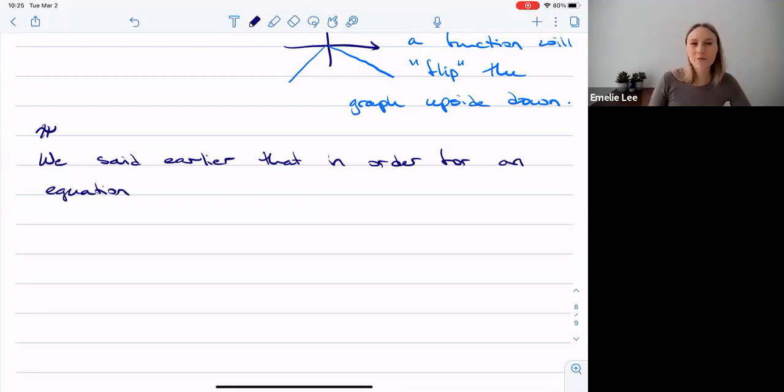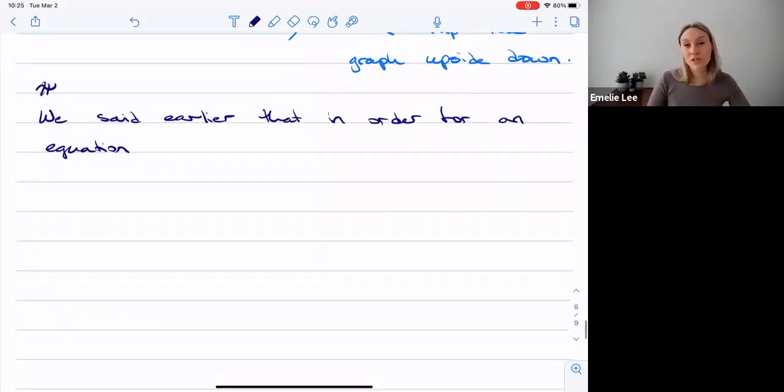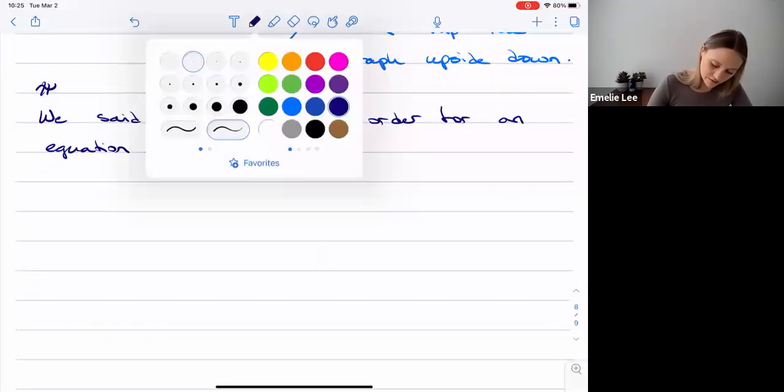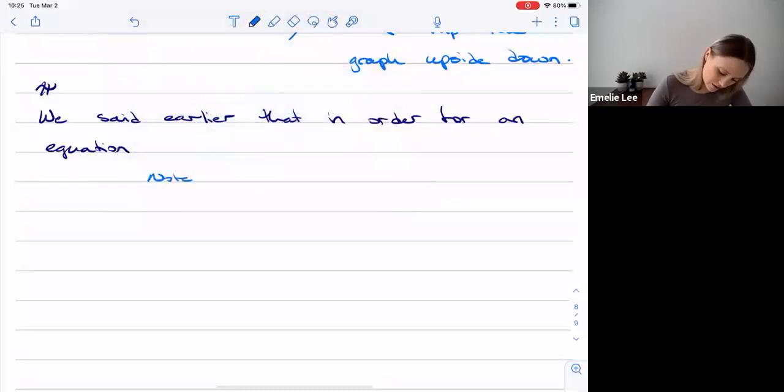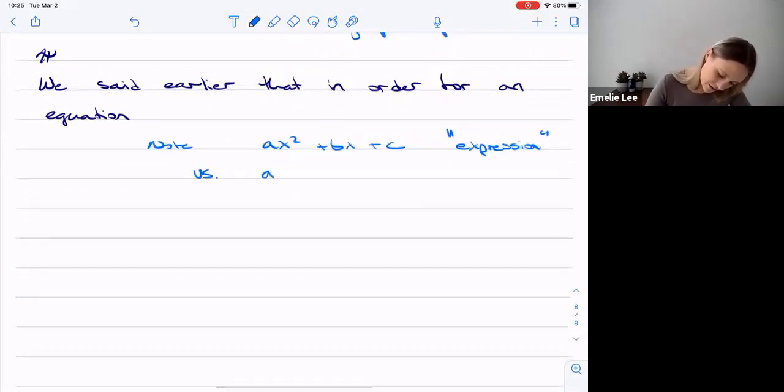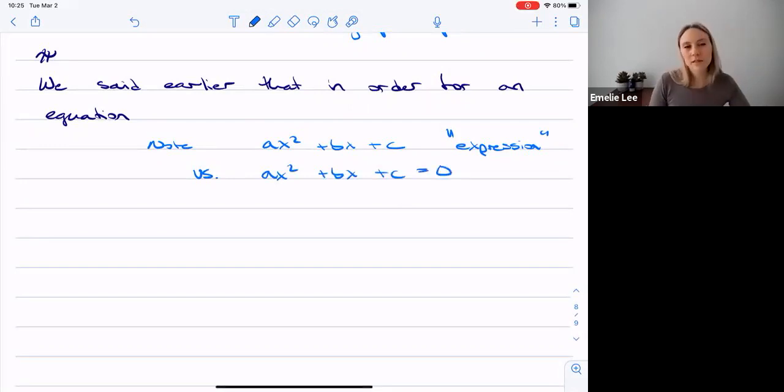the difference between an equation and an expression would be, right, so here just note that ax squared plus bx plus c on its own, this is an expression, versus, and I'm just using the quadratic because it's equals 0, right? This is an equation.